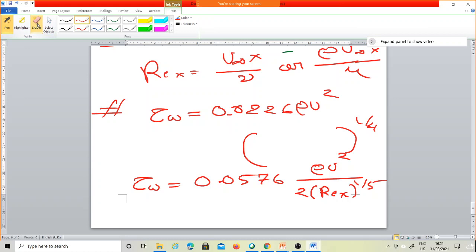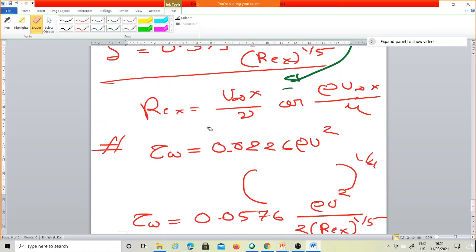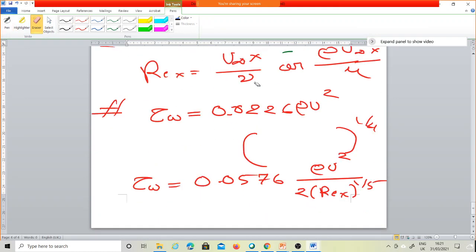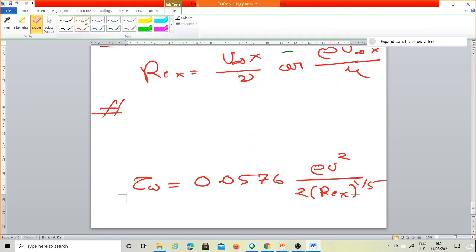Okay, so after you got the delta value, which I already mentioned here, you need to put the value of delta and then you will get the result. So note, put delta in the Blasius equation for tau w.